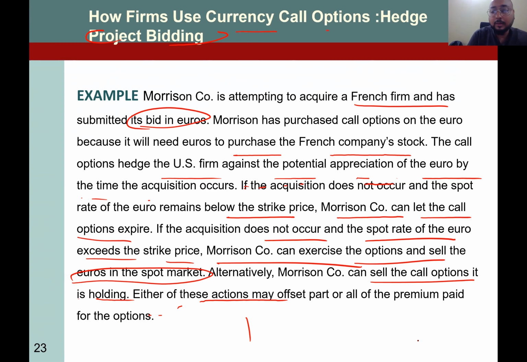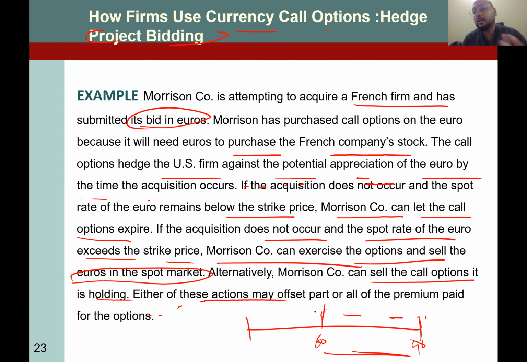For example, for 3 months, which means 90 days, in 60 days you realize your bidding is rejected. So even though you have the right not to buy, you can enter into an offsetting position as well. Here you buy the euro, and here you basically sell the call option to sell the euro.